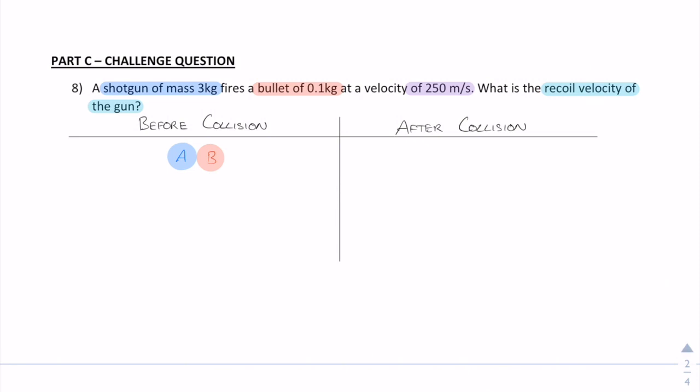So we know the mass of body A is 3 kilograms and the velocity of A is 0 meters per second. What about B? B has a mass of 0.1 kilograms and a velocity of 0 meters per second again.